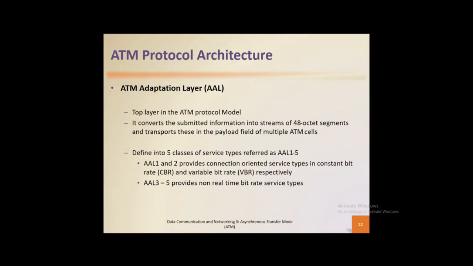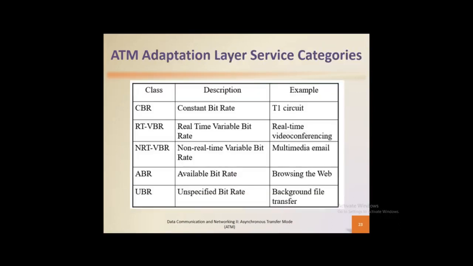pay-per-views, what else? The kind of data that just doesn't require that constant bit rate, but instead can be variable. You have your T1 connections, your telephone connections, and then for the real time with variable bit rates, you do have your video conferencing and other video services that you might have, or streaming services, either pay-per-views, on-demand video streaming, and what have you.